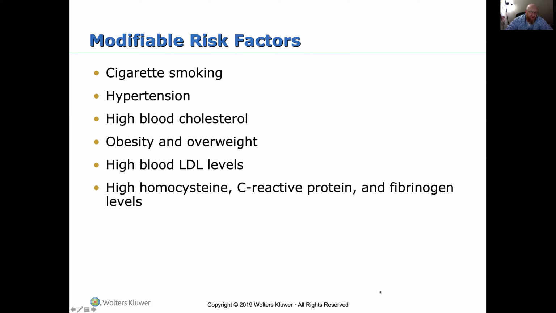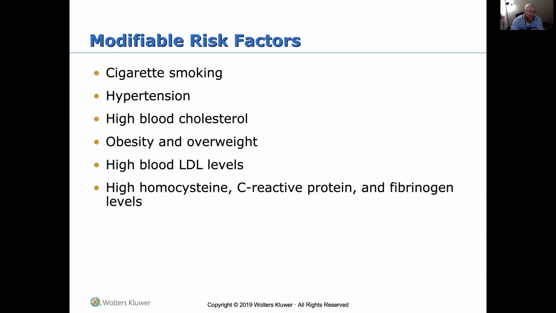Modifiable risk factors are things like cigarette smoking. If you have high blood pressure that's unchecked, you need to be medicated, possibly lose weight, increase activity level to get hypertension under control. High blood cholesterol can also be managed through medication, weight loss, exercise.